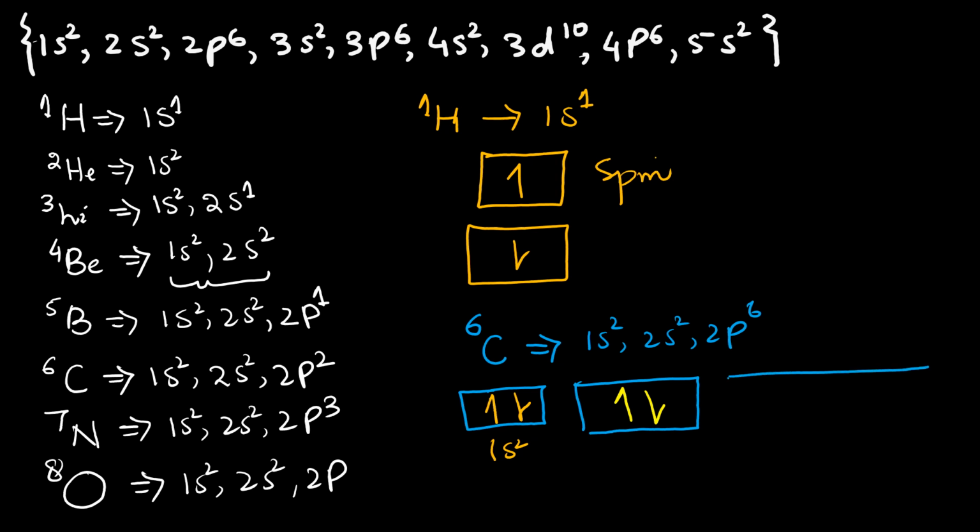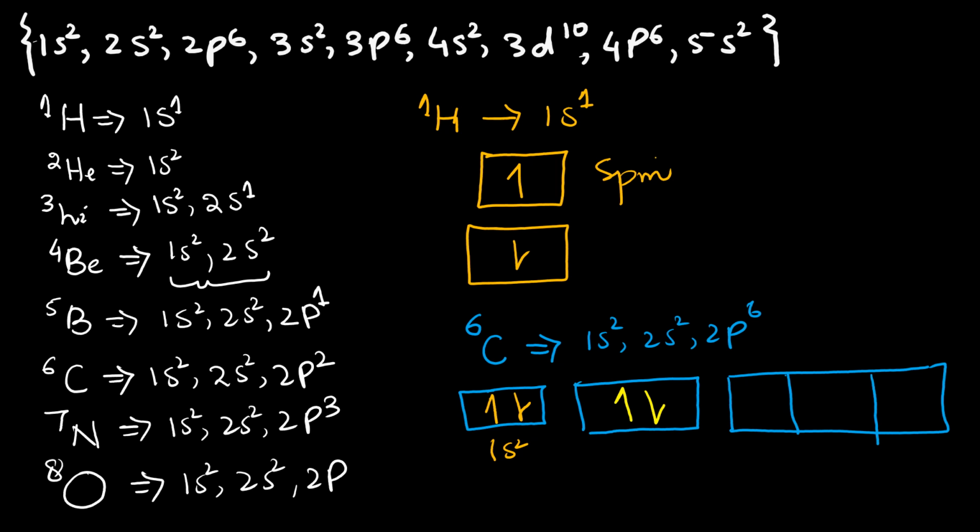So the p subshell has 3 orbitals. Because every subshell has orbitals, and an orbital can accommodate a maximum of 2 electrons. So for the p subshell, which can hold 6 electrons, we have 3 orbitals.